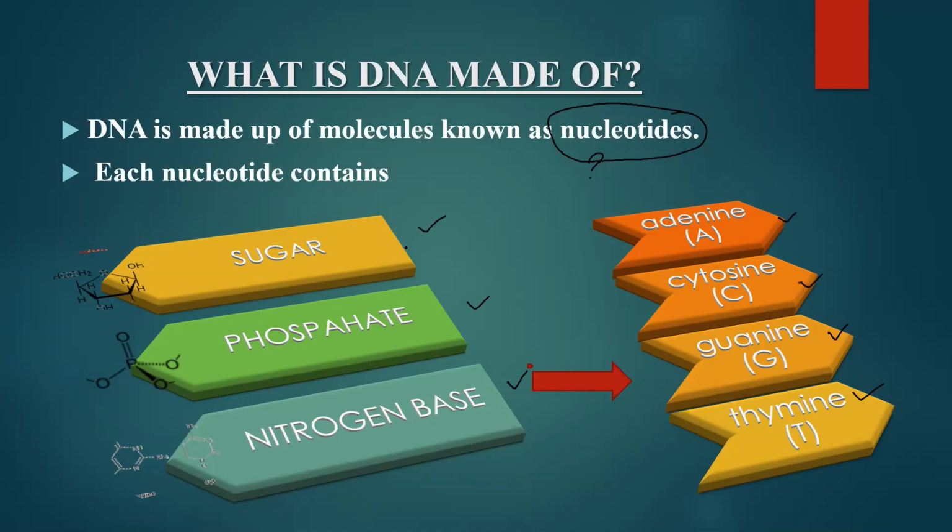Now, when you talk about the sugar of deoxyribonucleic acid, let's write it down here. The sugar structure, you have H, H, you have H, OH, I'll just show you.